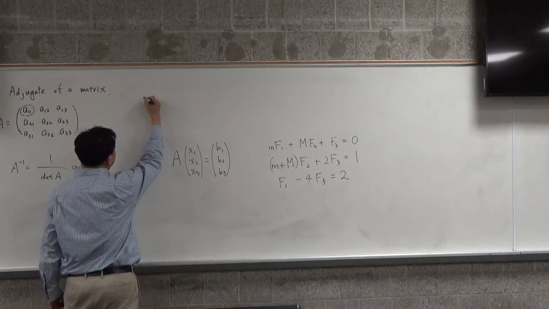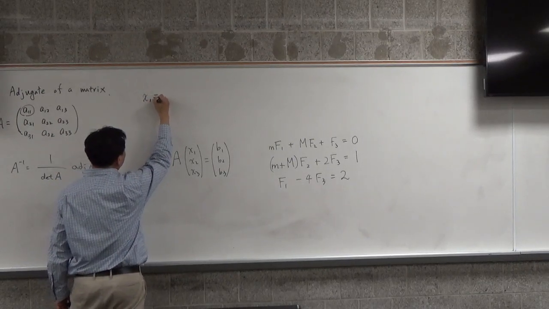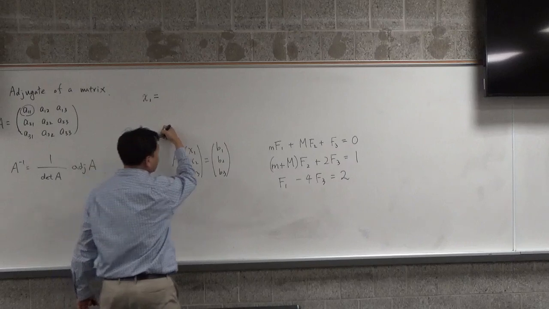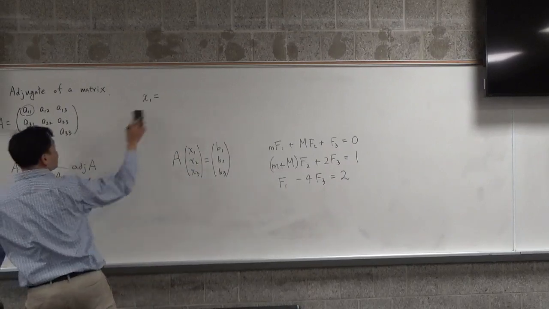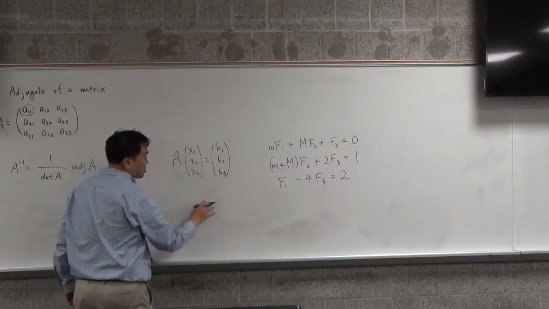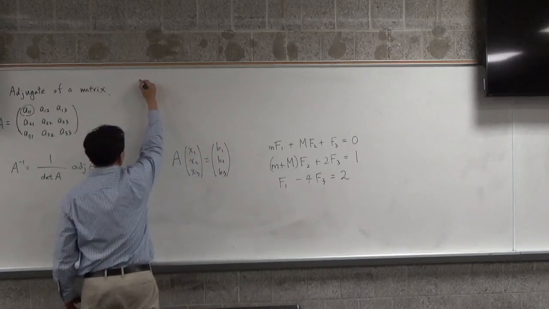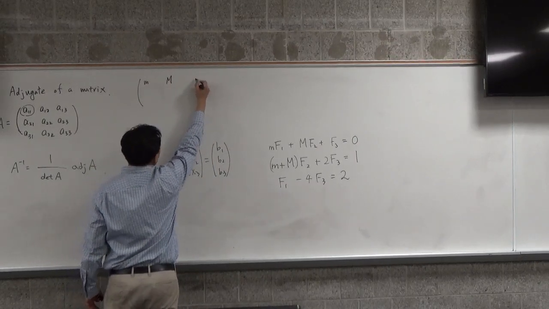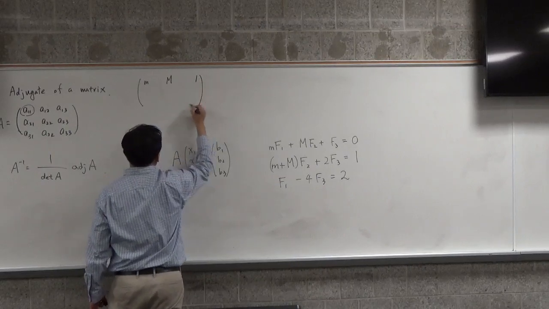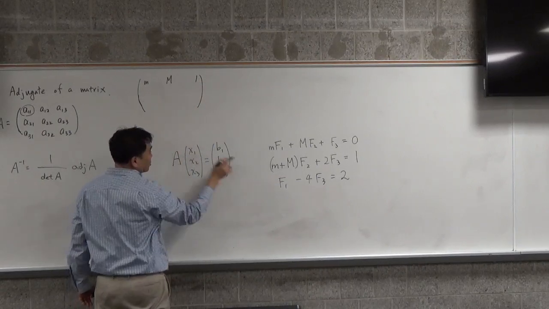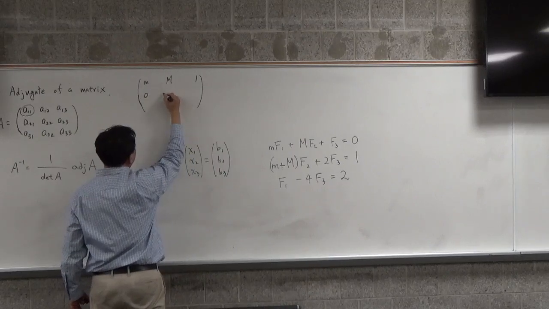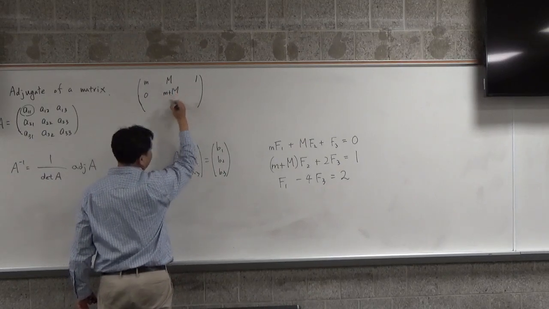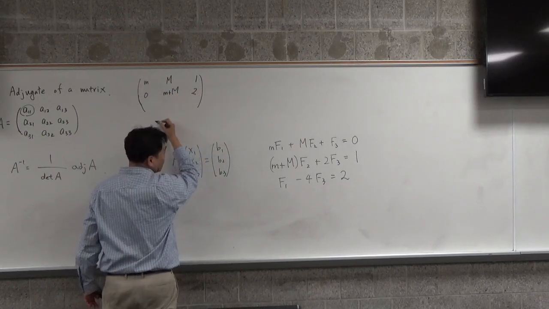Cramer's rule says if you want x1, let's first write down the equation and then we'll apply the rule. So what's the matrix here? This is m, capital M, 1. The coefficient matrix is 0, m plus M, and 2.